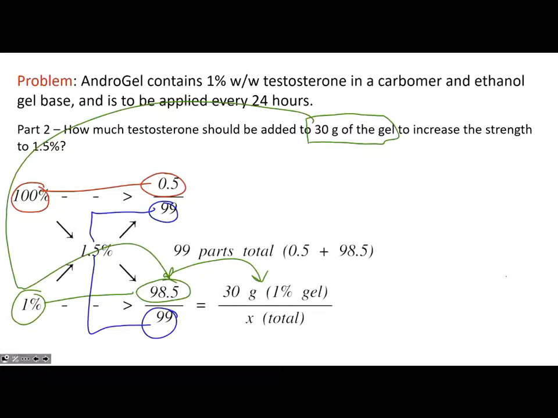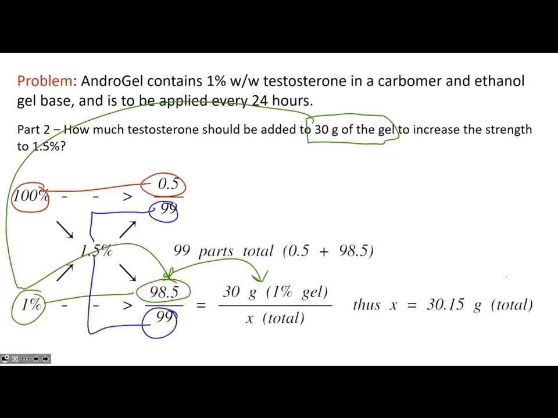Those are the number of parts that represents the 1%. I'm starting with 30 grams of that, so let's set that over x. And when we solve for x, x really represents the weight of the total, remember? Because 99 parts represents the total final concentration of 1.5%. So what is 30 times 99 divided by 98.5? You do that math, and you see that the total weight would be 30.15 grams.